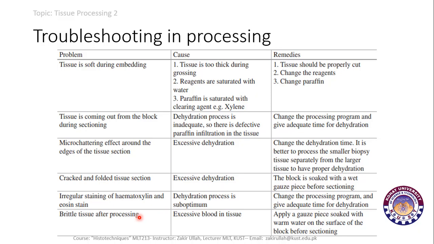And the tissue becomes brittle after processing, this is the last problem, and this is also caused by excessive blood in the tissue. So to resolve this problem, apply a gauze piece soaked with warm water on the surface of the block before sectioning.